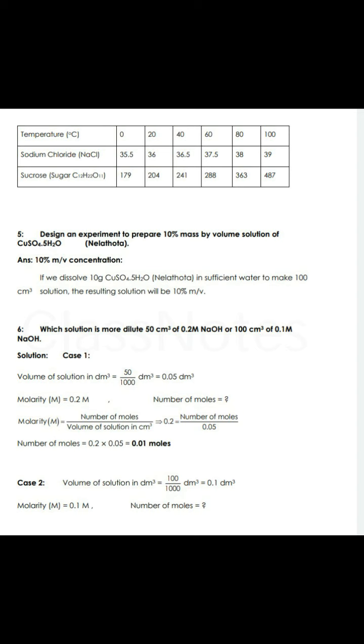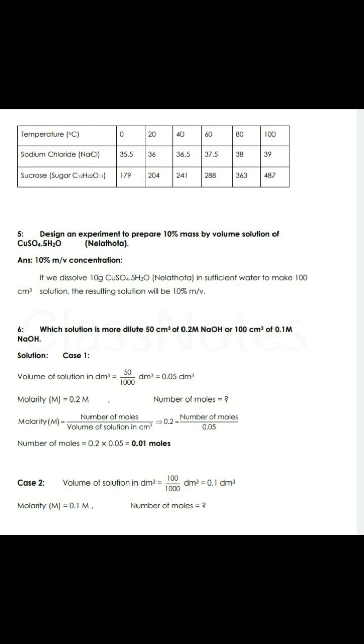Okay, which solution is more dilute, 50 cm³ of 0.2 M sodium hydroxide or 100 cm³ of 0.1 M? Which one is more dilute? It means which has less molarity. So which has less molarity, 0.1 or 0.2? So let's find out. Case 1, volume in dm³ is 0.05.